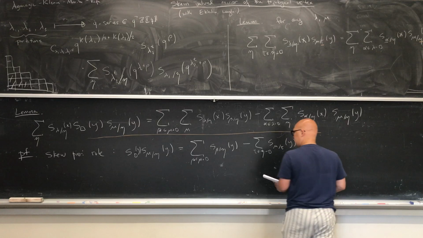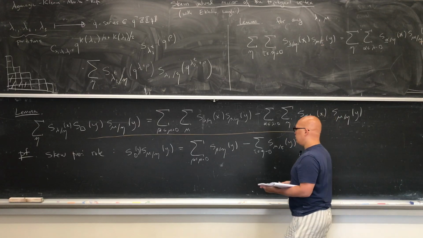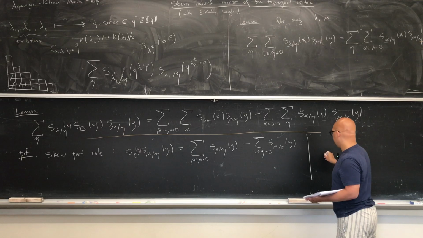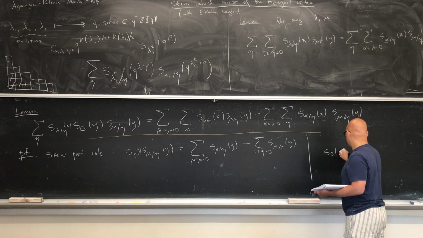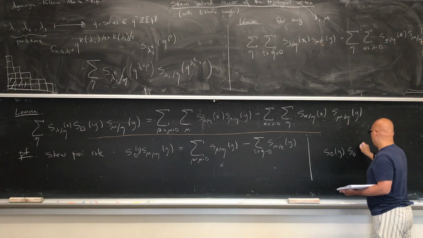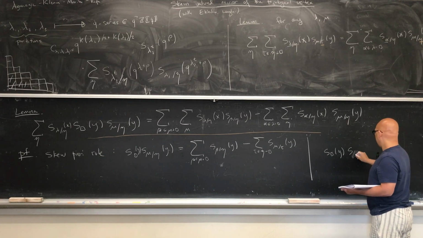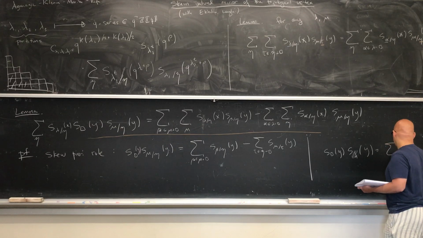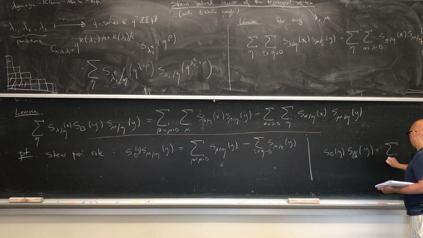So what is the skew-Pierre rule? The usual Pierre rule set is about usual Schur functions. Maybe I'll tell you the usual Pierre rule. It says s box times s lambda is a sum over eta is lambda plus a box of s eta.